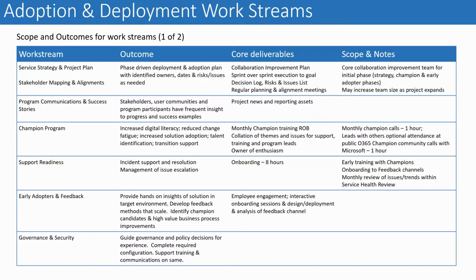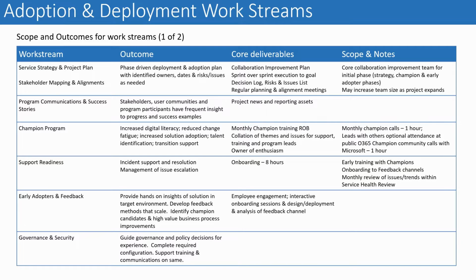So if we start here at the top, we'll think about the service strategy and project plan, as well as stakeholder mapping and alignments. The people who are working on this, and it may be one person working on multiple work streams, is going to help the people who are accountable for the service strategy and the project plan pull that together.